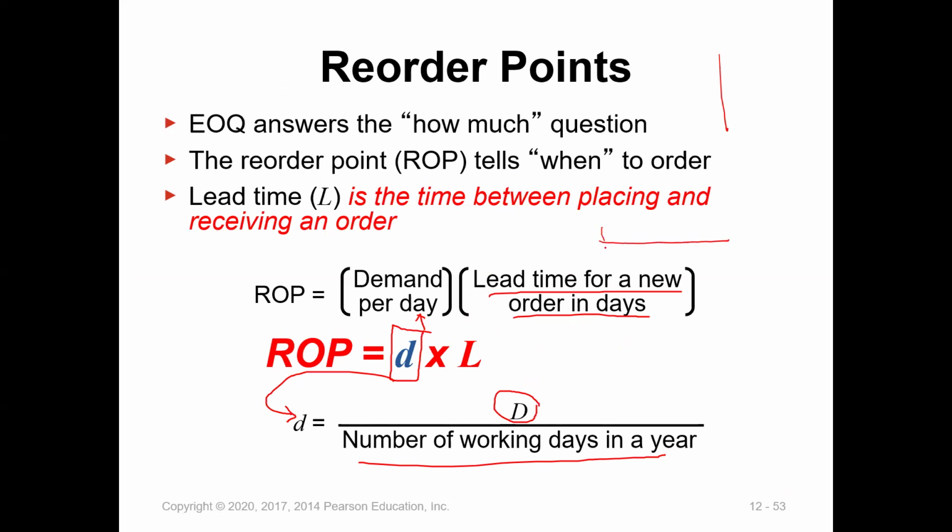So let's say Sunday, Monday, Tuesday, Wednesday, Thursday, Friday, and Saturday. So when do I order? How many phones should I have to place the order? Okay, so the reorder point is the demand per day times the lead time for a new order in days. Demand times L.